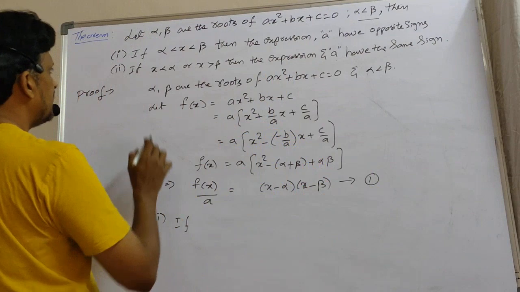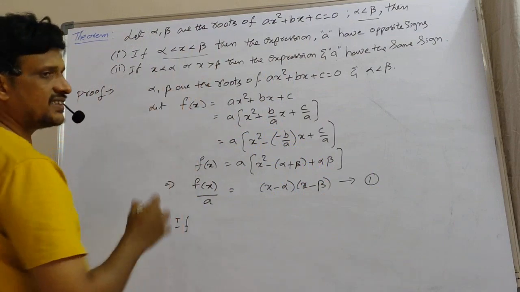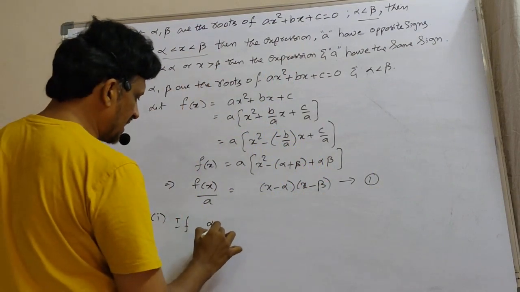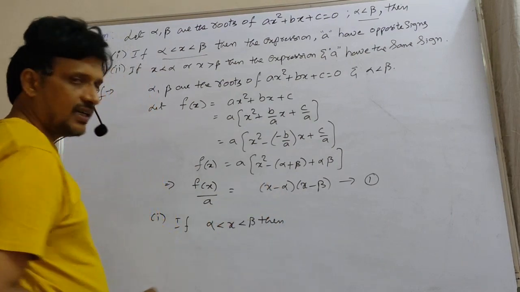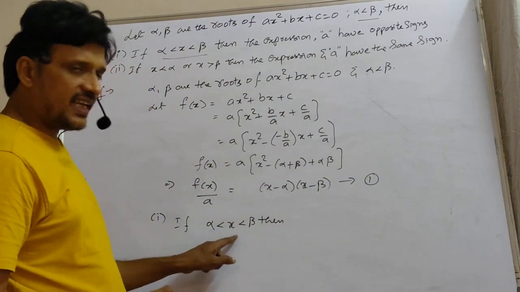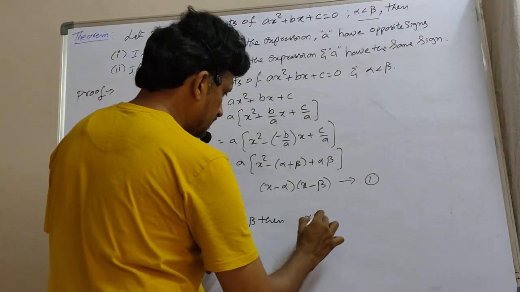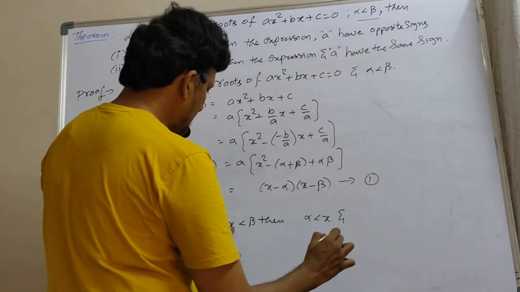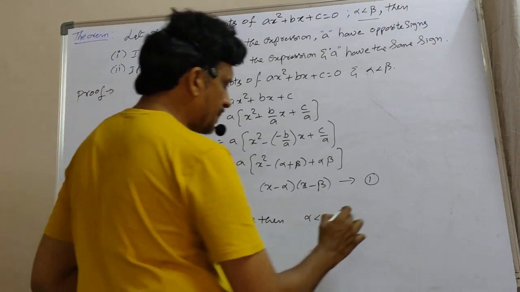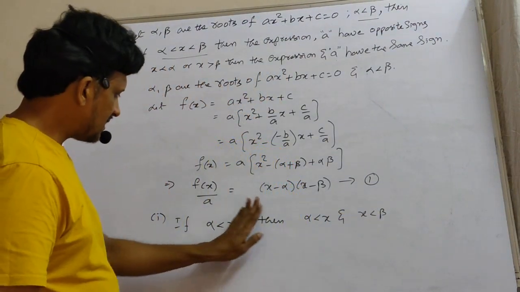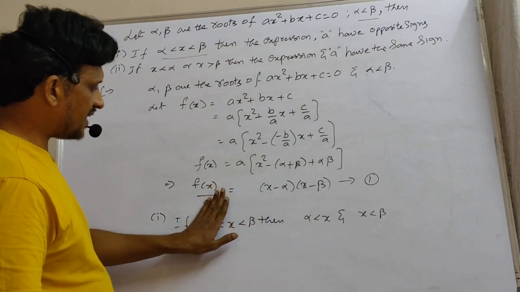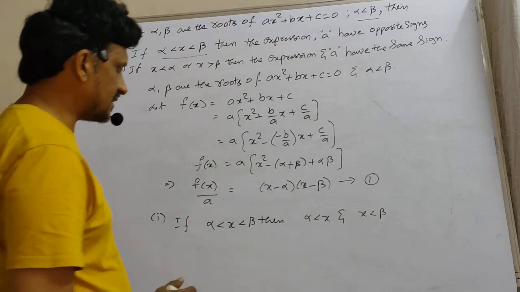Now consider the first case. If in the first case alpha is less than x is less than beta, that means alpha is less than x and x is less than beta. Consider the two cases.